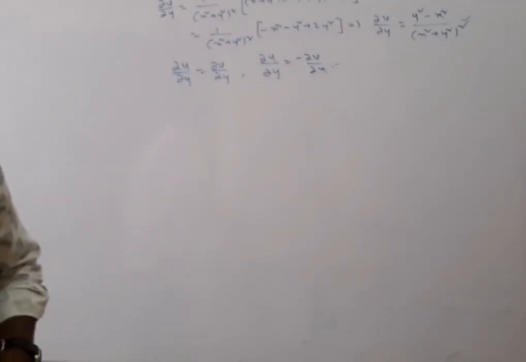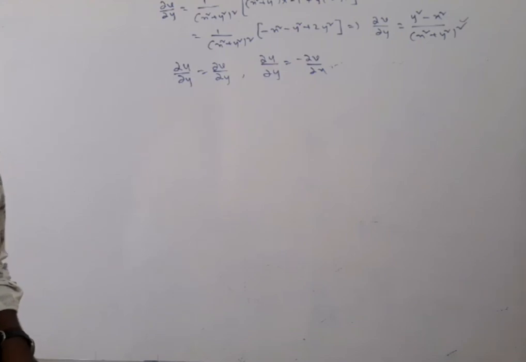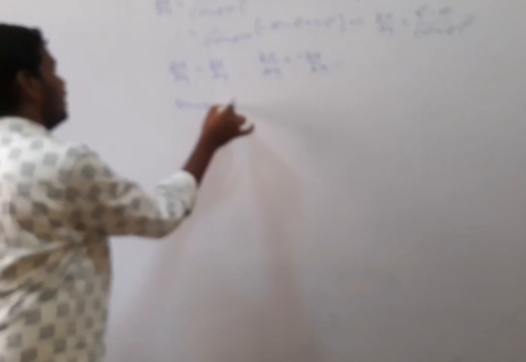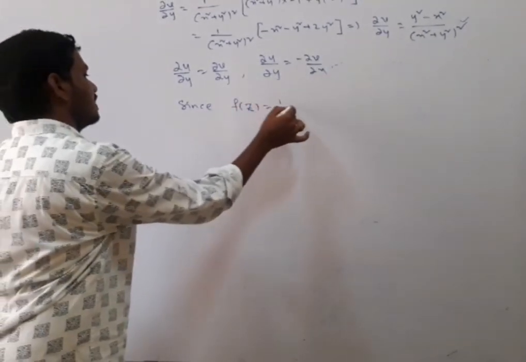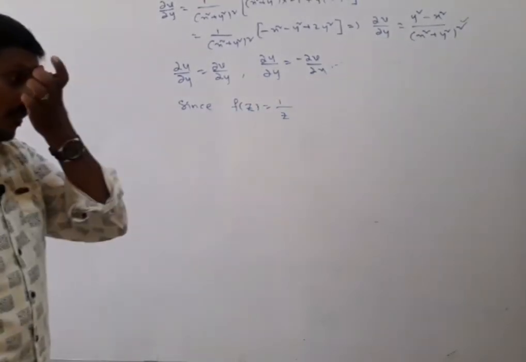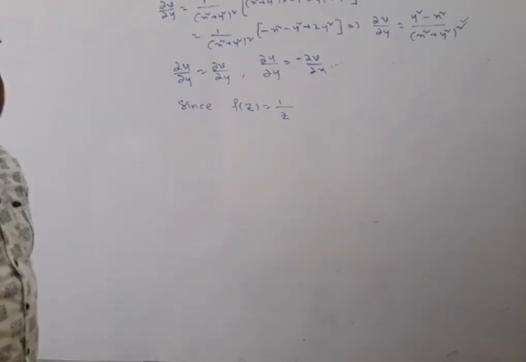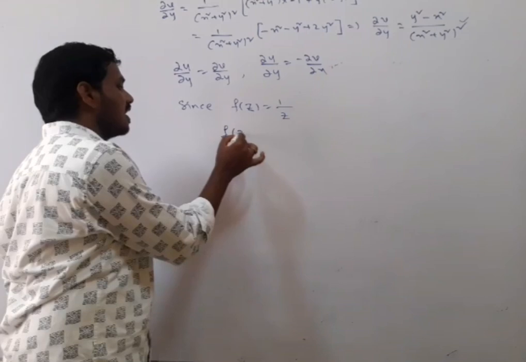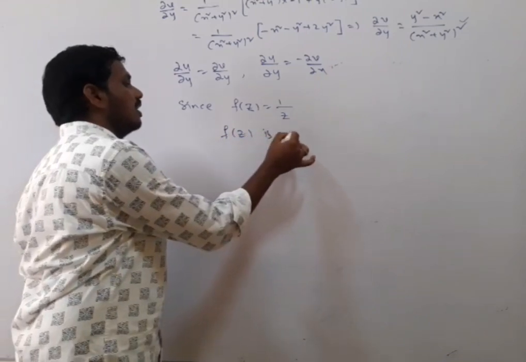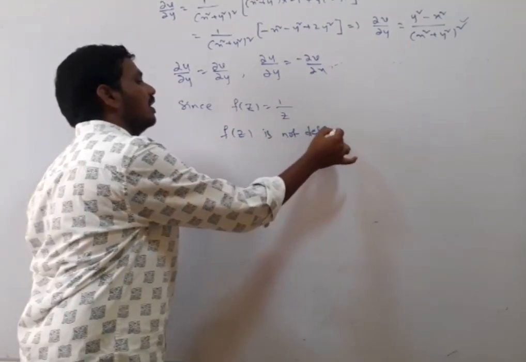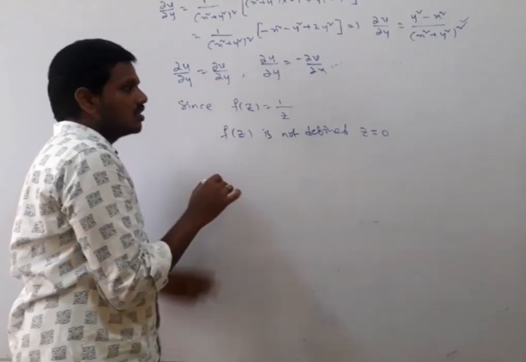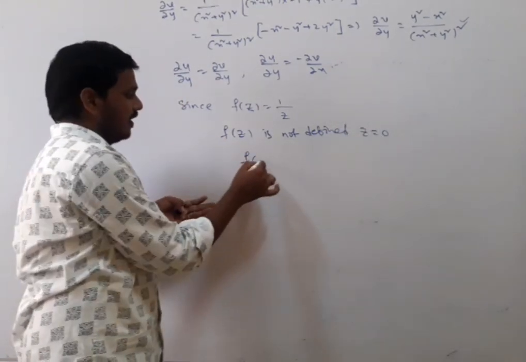So in that case, since f(z) is equal to 1 by z, is it continuous at z equal to 0? Or before going to the continuity, f(z) is not defined at z equal to 0. If it is not defined at z equal to 0, that is, f(0) is not defined.